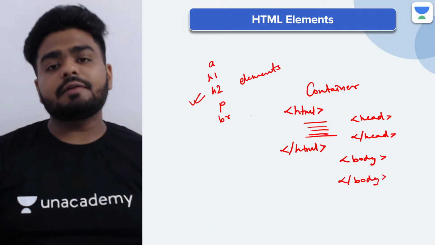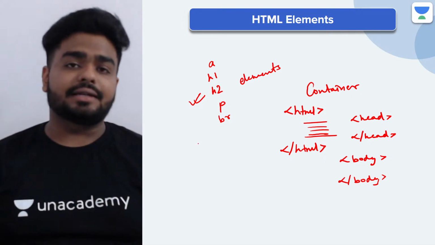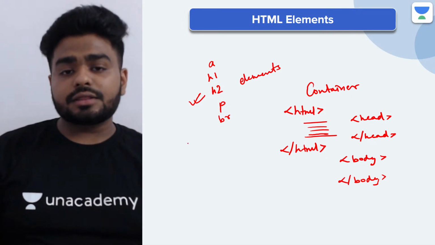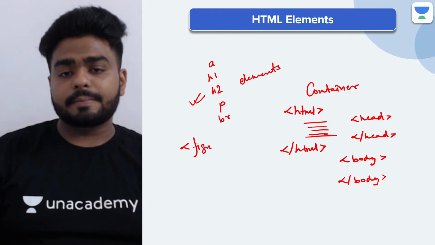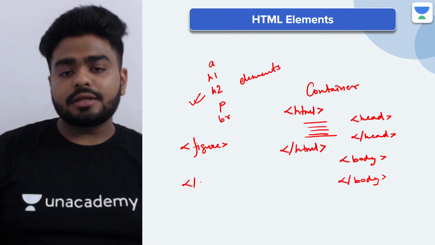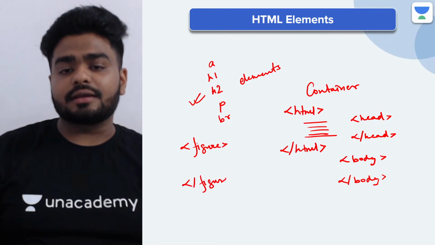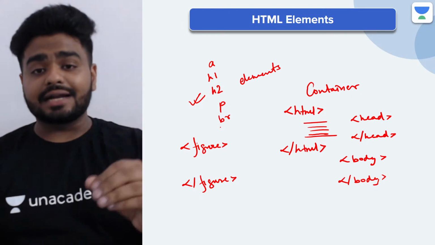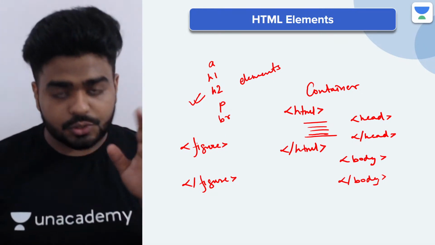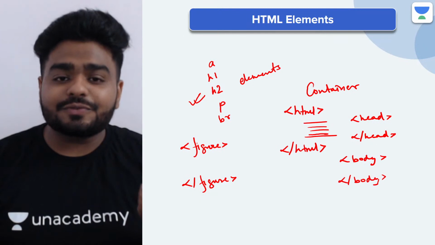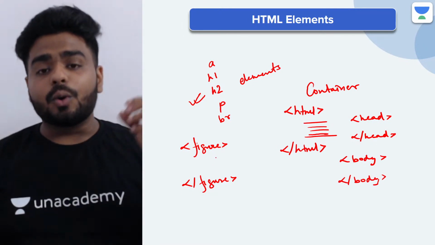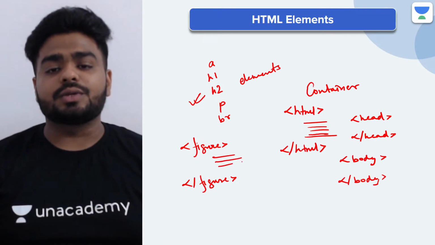And we have a lot of different tags which act as a container. There is something called figure. And you know what? This figure does not do anything. This figure tag, this is a tag, right? But it does not do anything. What is it used for? To store or to hold all the images which you will use.